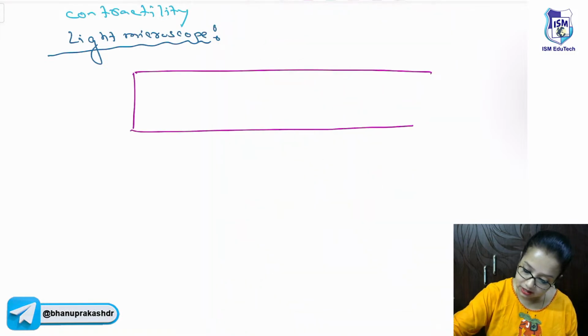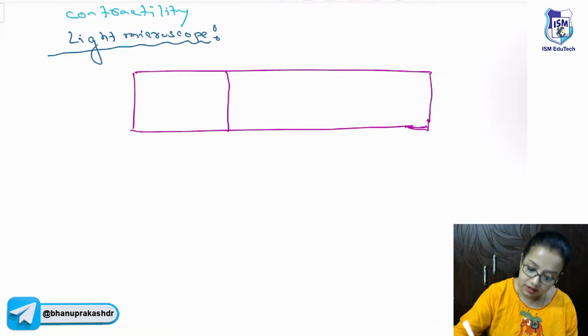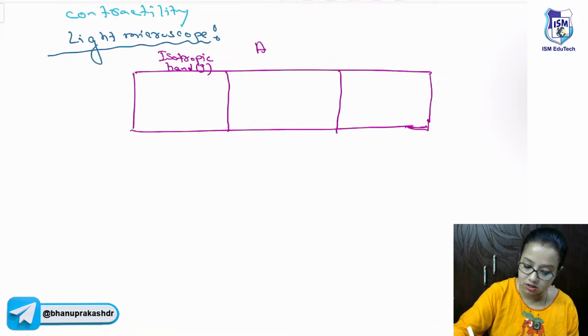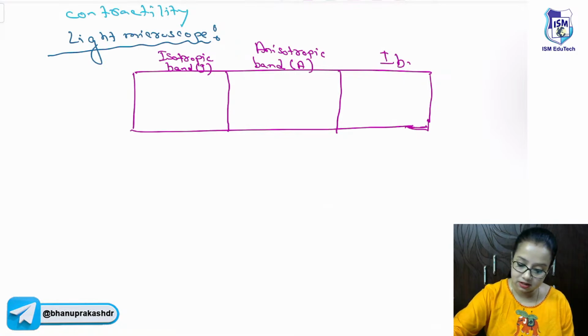It is seen that the sarcomere has certain bands. One band is called the isotropic band or I band. Then another one is called the anisotropic band or the A band. So there is an alternation of I band, A band, I band, A band like that.